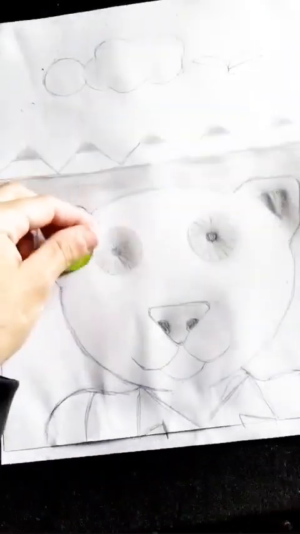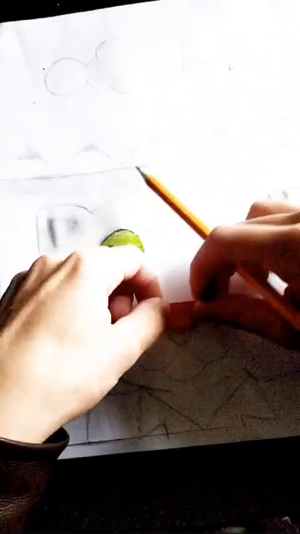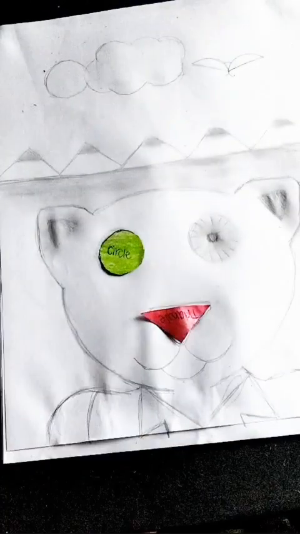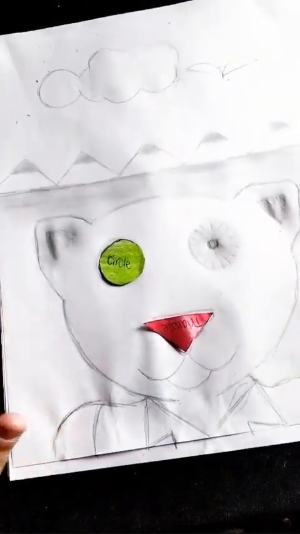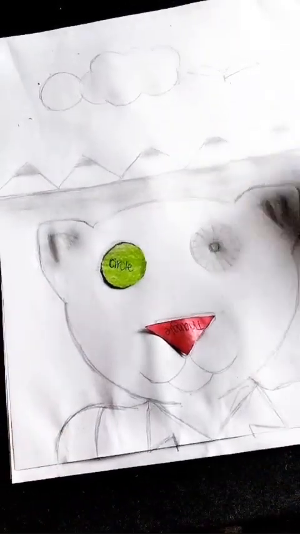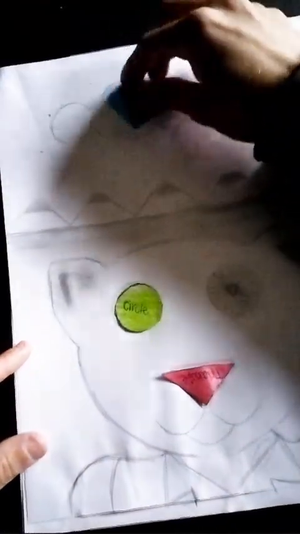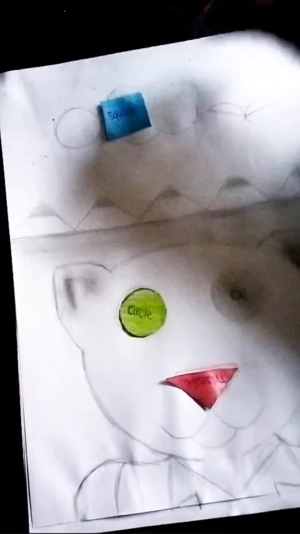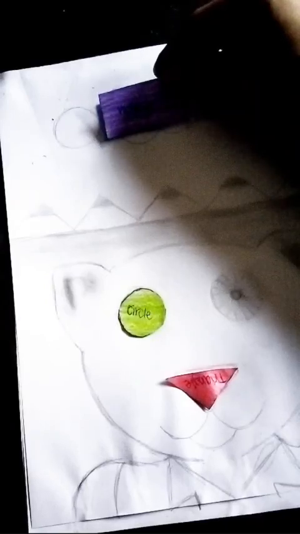And now we have created an image out of the building blocks of art: the circles, the triangles, and the squares, which is also 2 squares equals 1 rectangle.